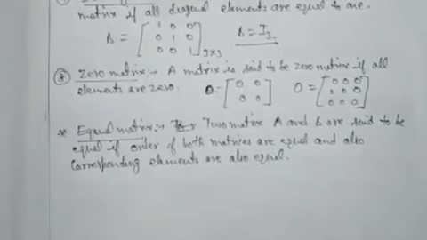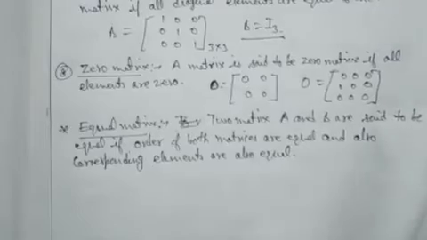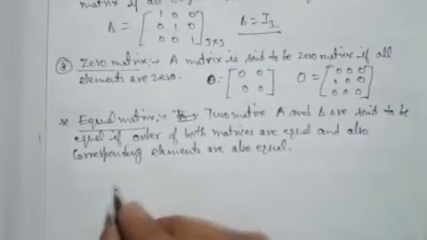Clear? It is necessary that both matrices have the same order and corresponding elements are also equal.